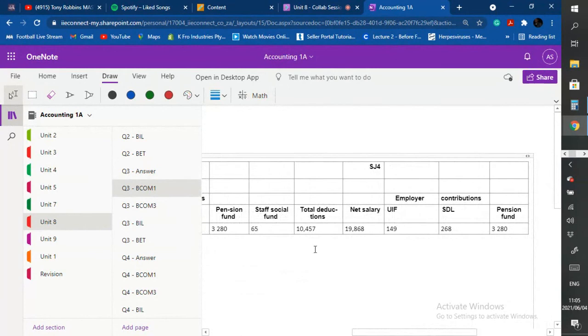Yeah, it was for May. So I don't know why we put SJ4 here. That's very strange.